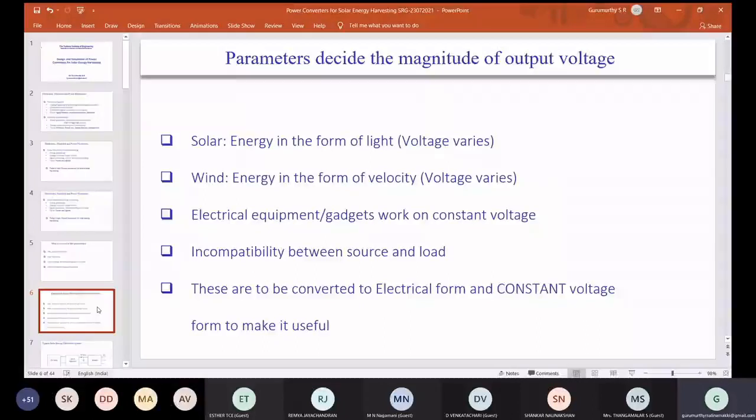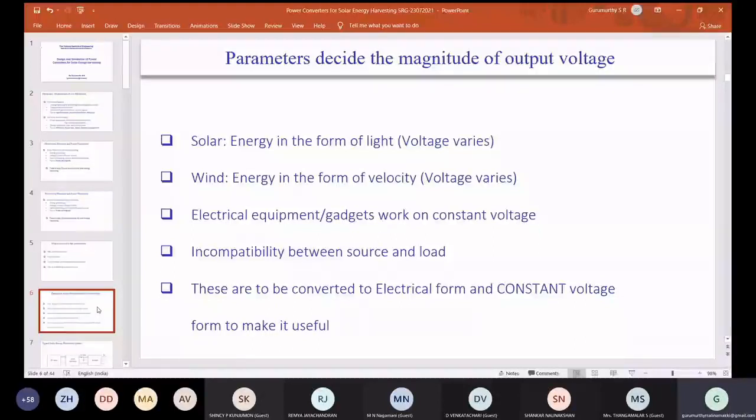Basically, we have to convert these energies, whether it is velocity or sunlight, to a form where you can easily transport from one place to another and use it easily. Naturally, electrical energy is a form which we can easily use and transport from one place to another. That's why it is the most prevalent form of energy available for the users.